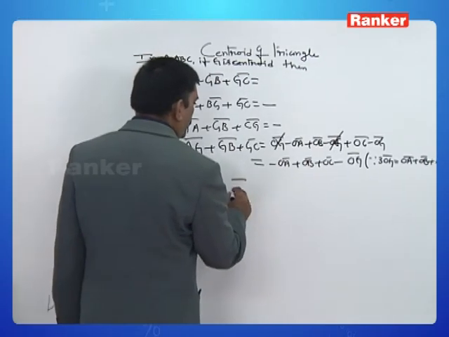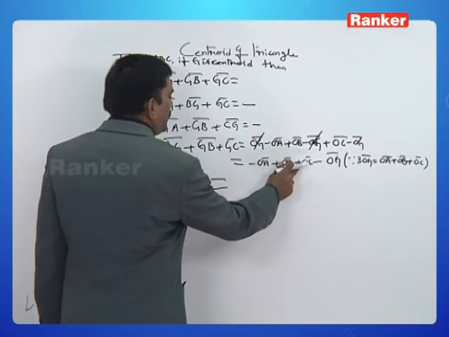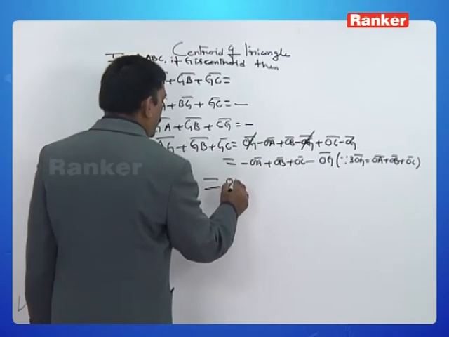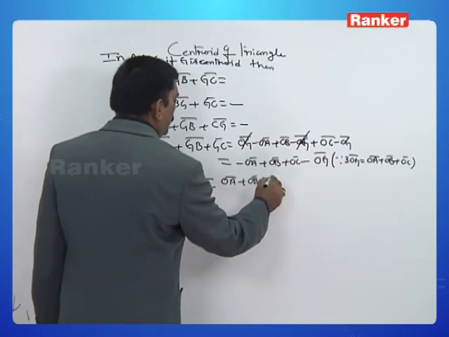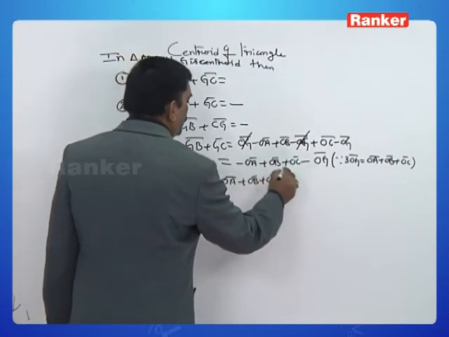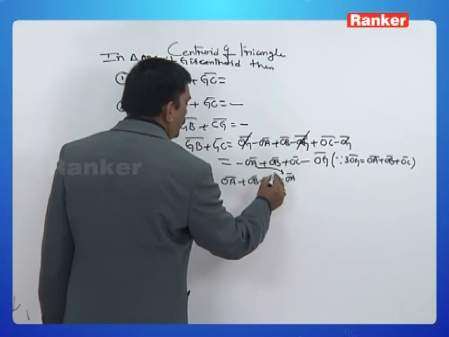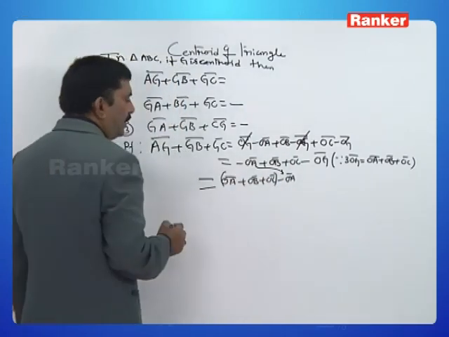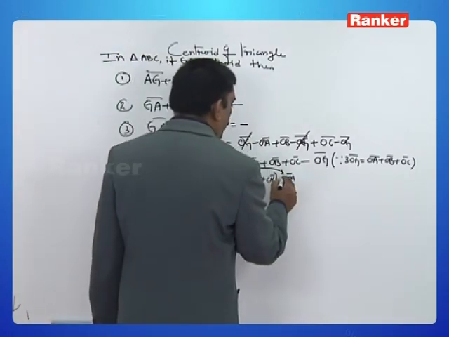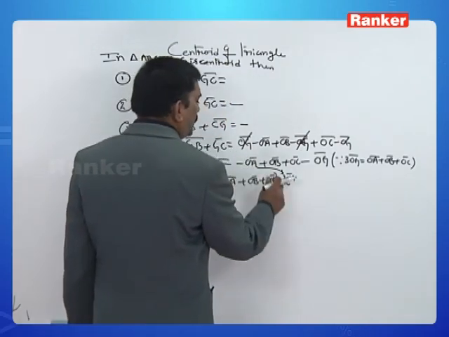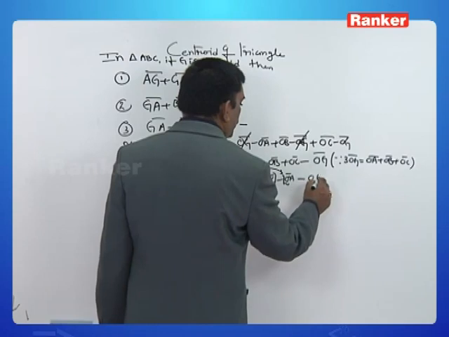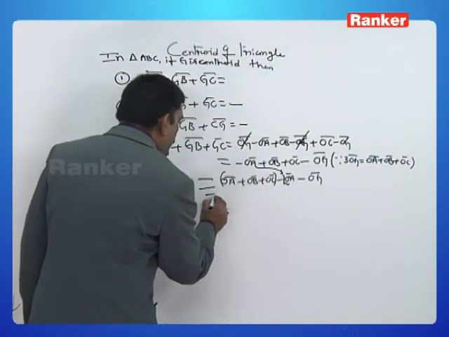I can write this as add and subtract OA: OA plus OB plus OC minus OA. Already one OA is there, therefore it is 2 OA minus OG bar.